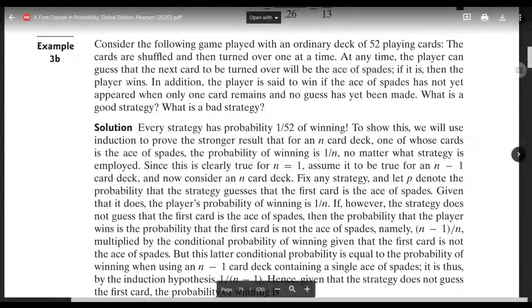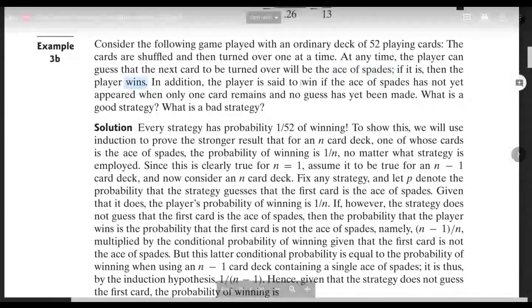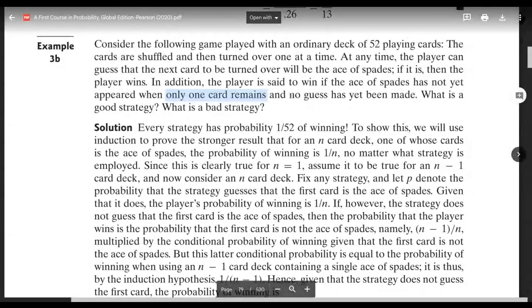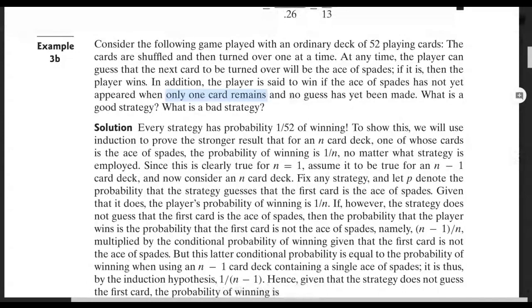In addition, the player is said to win if the ace of spades has not yet appeared when only one card remains, which means the last one is the ace of spades, and no guess has yet been made. What is a good strategy? What is a bad strategy?